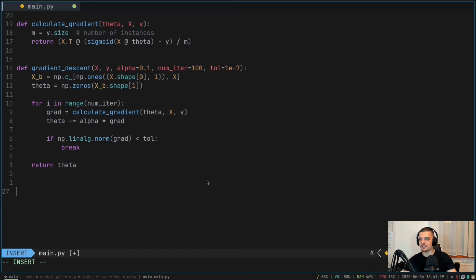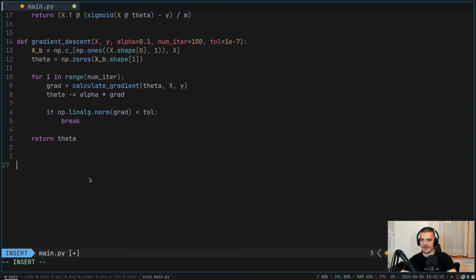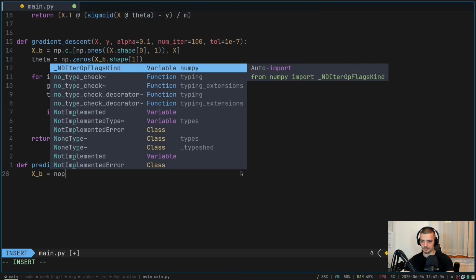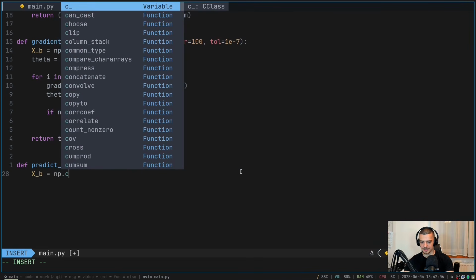Now, the only thing that we need to do is the actual prediction. As we discussed, the logistic regression returns a value between 0 and 1, so it's going to return a probability. We define a function predict_proba, as it's called in scikit-learn, so predict a probability, given some x and given the theta. We don't have the ground truth here, we're just doing the inference, so we're making a prediction. We're going to say x_b is equal to np.c_ again.